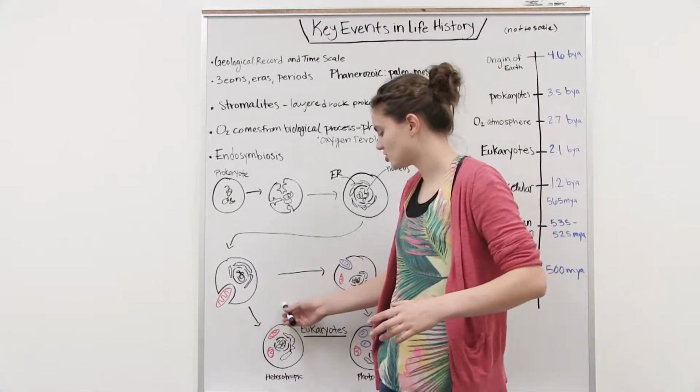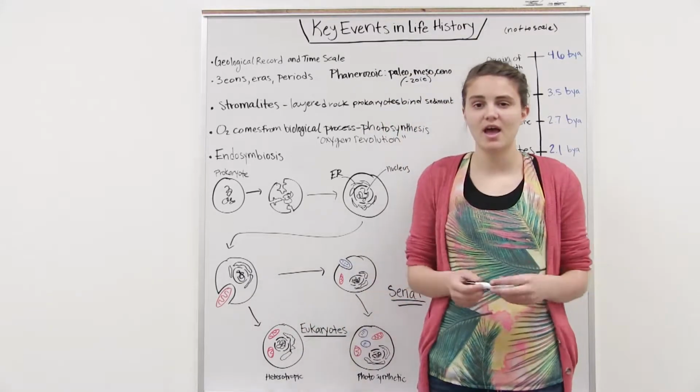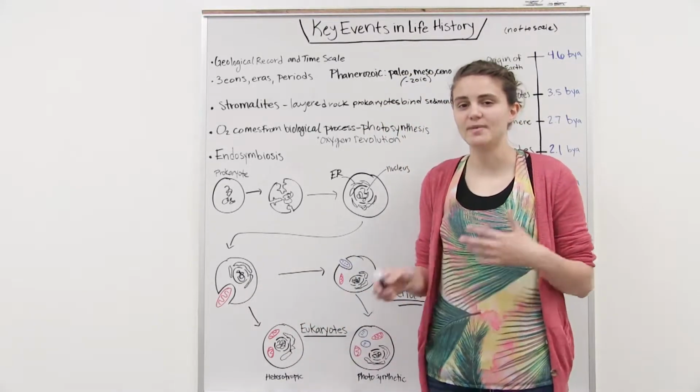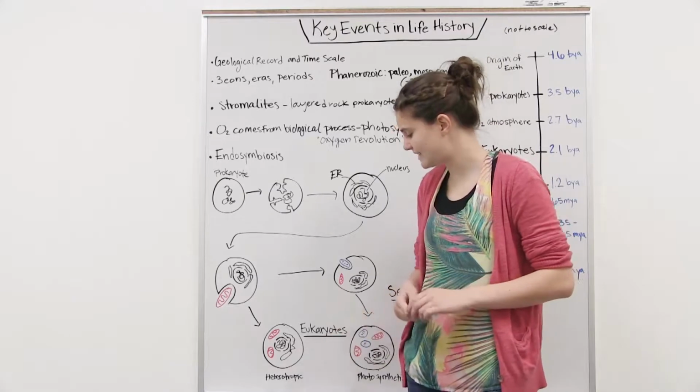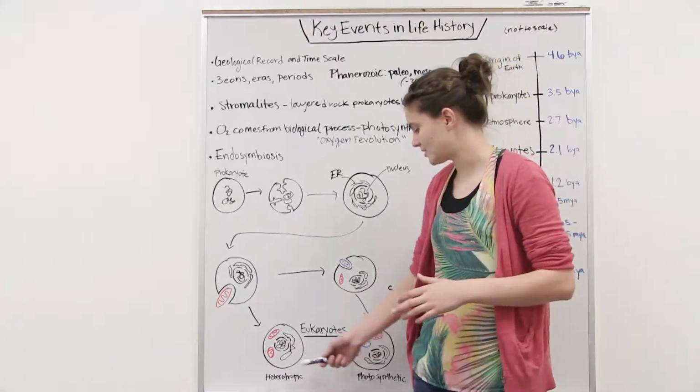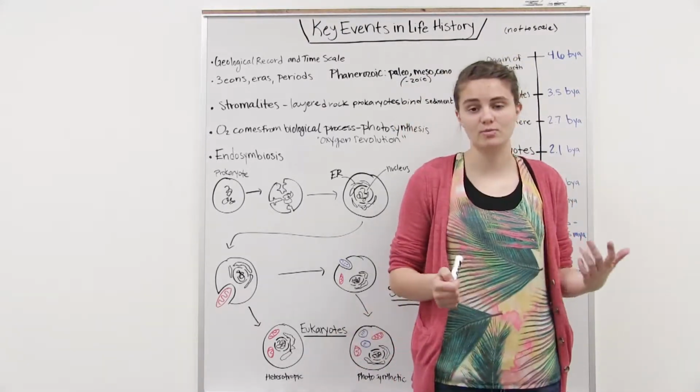And so then eventually this relationship stayed and was passed on to the point that it just became part of the cell. And that's why we see mitochondria in our human cells.